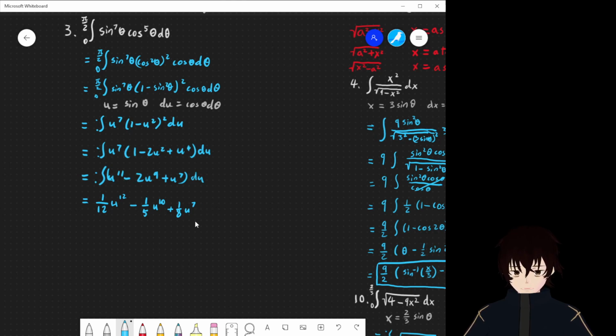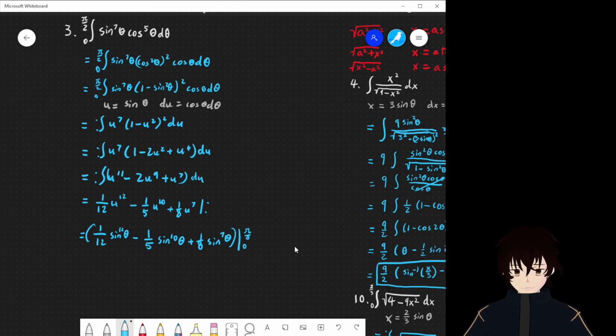Plus C, but I'm not gonna include plus C for now. From some number to some number. Plugging in our numbers, we get 1 over 12 sine to the power of 12 theta, minus 1 over 5 sine to the power of 10 theta, plus 1 over 8 sine to the 8th theta, from 0 to pi over 2.